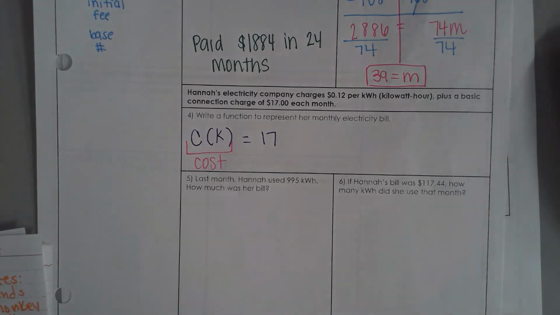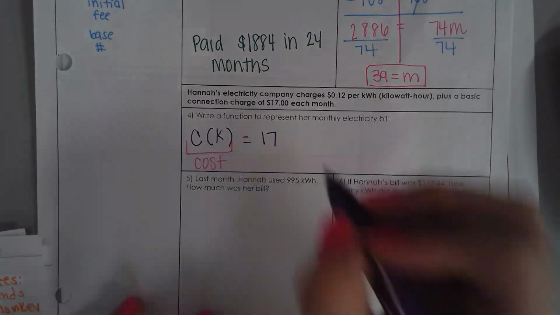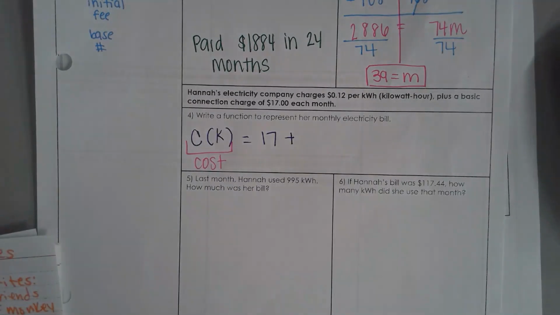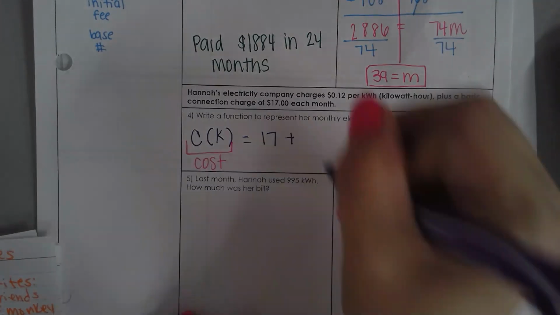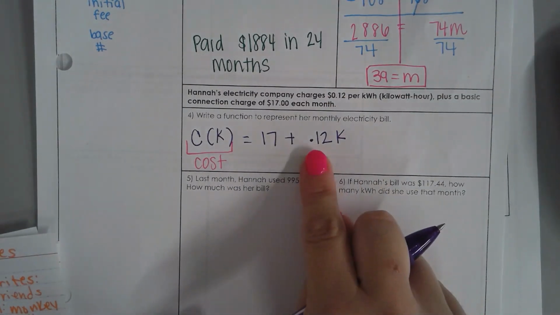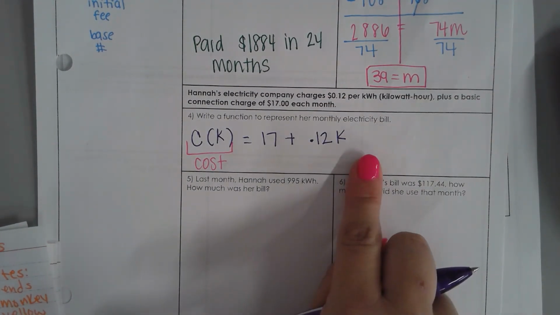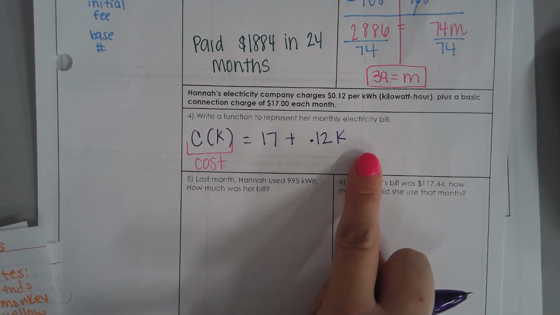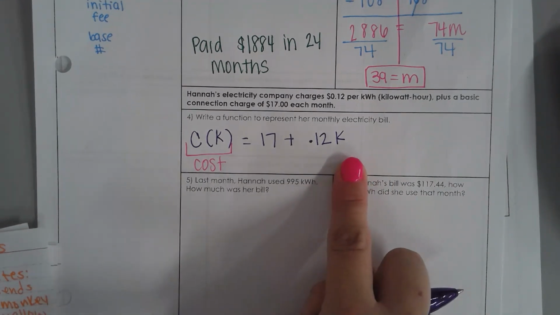I don't know. All right, so $17 plus something per kilowatt hour. So how much is she paying per kilowatt hour? 12 cents. So 0.12. Okay. So you take 12 cents and you multiply that by the number of kilowatt hours. So the more electricity she uses, the more kilowatt hours, the more it's going to cost.